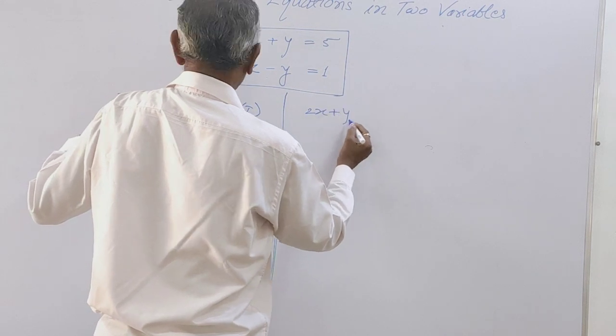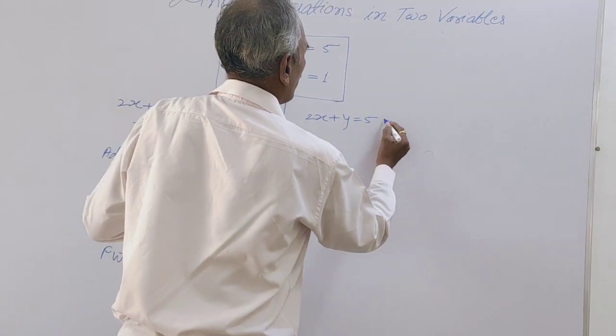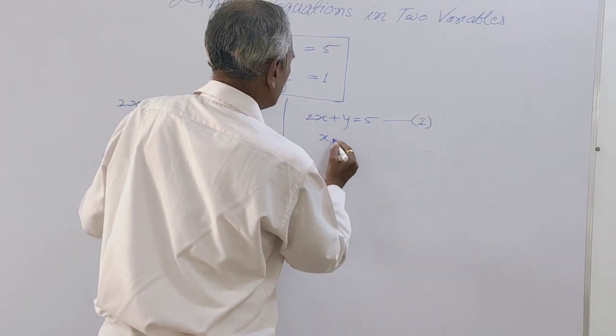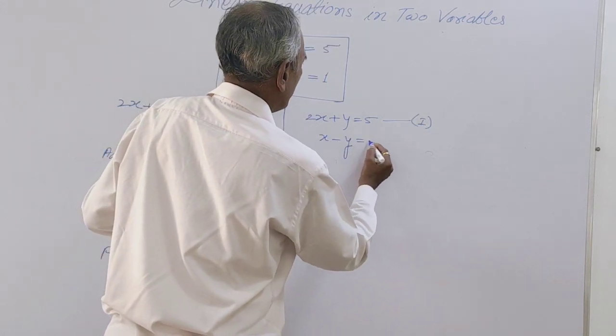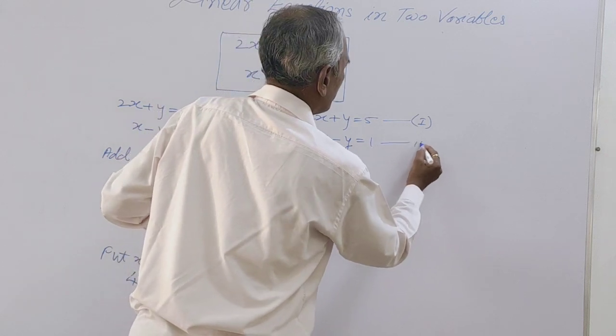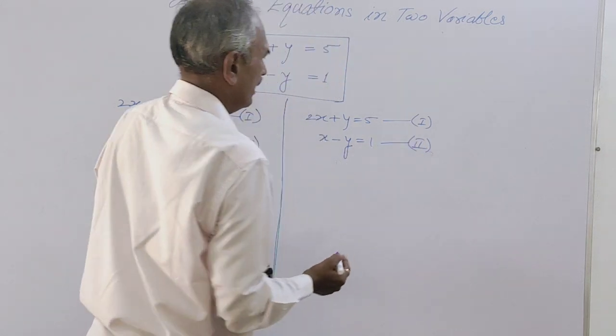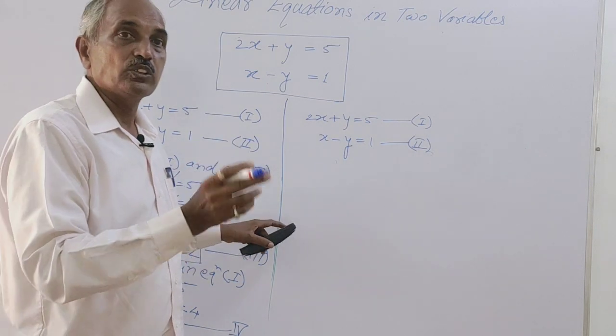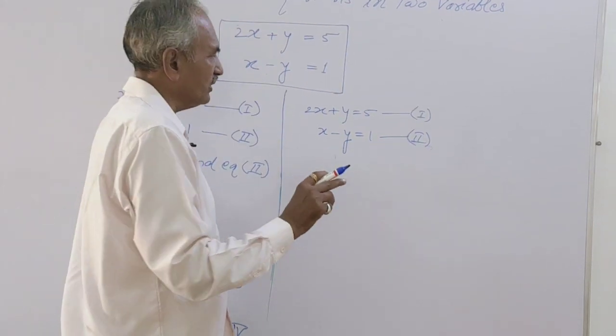2x plus y is equal to 5, equation number 1. x minus y is equal to 1, equation number 2. Now I am not going to eliminate, I am going to substitute. What is the substitution?